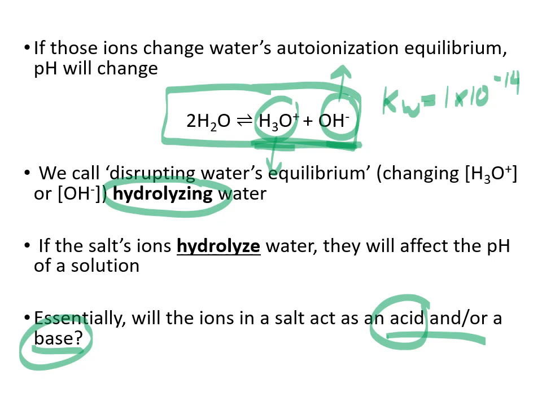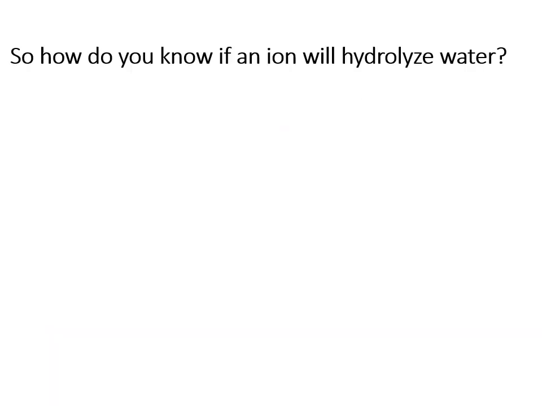And if so, what's going to be the effect on the pH? We're going to do this mostly qualitatively, though we've already gone through how to do the quantitative calculations. As soon as you can nail down what the concentration is, then you can go back and do the actual calculations and figure out what the pH is if you knew what those concentrations of the different ions were.